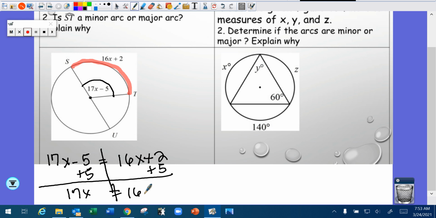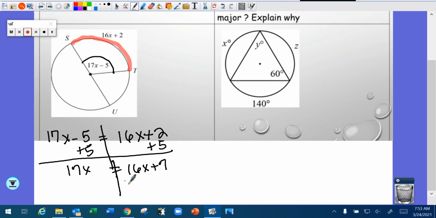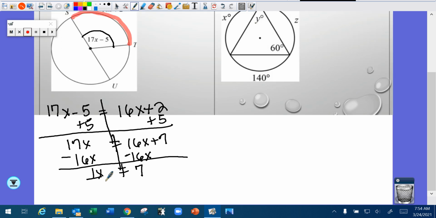17x equals 16x plus 7, and then the variable is on the wrong side, so I'm going to minus 16x from both sides, and I get 1x equals 7, and then we divide by 1, and x equals 7.